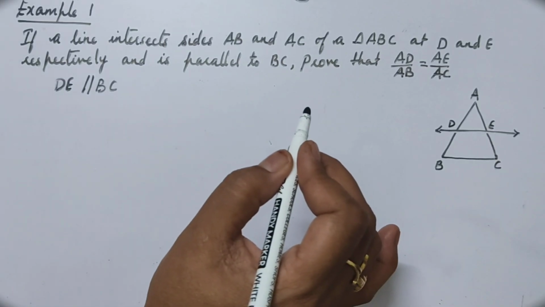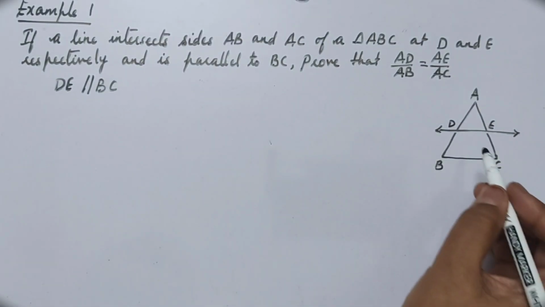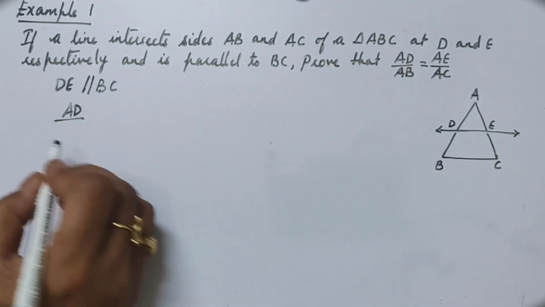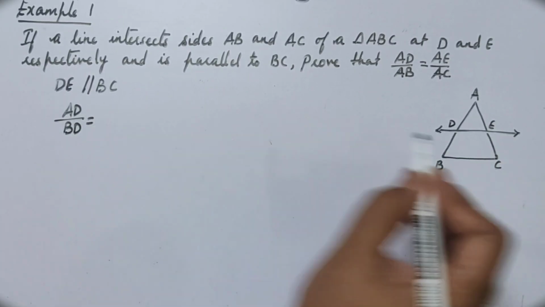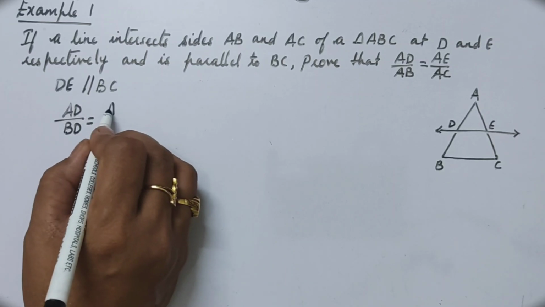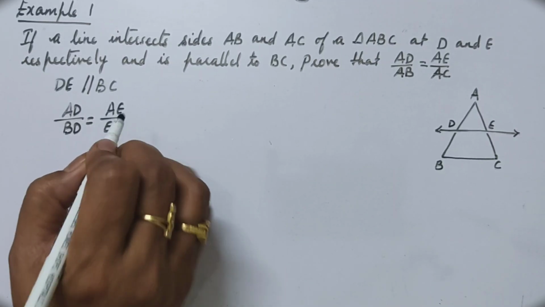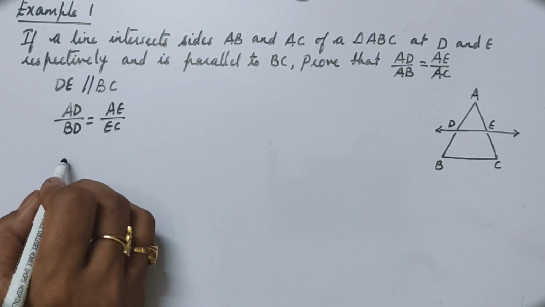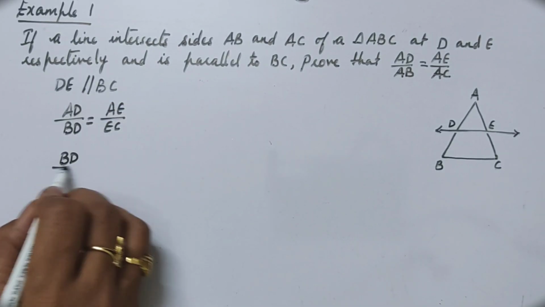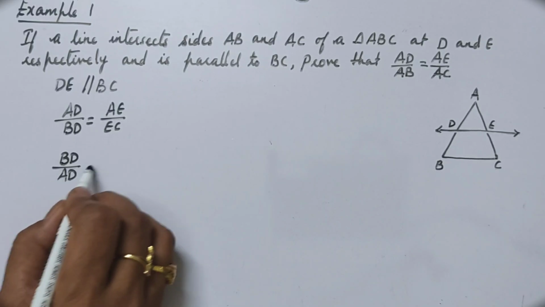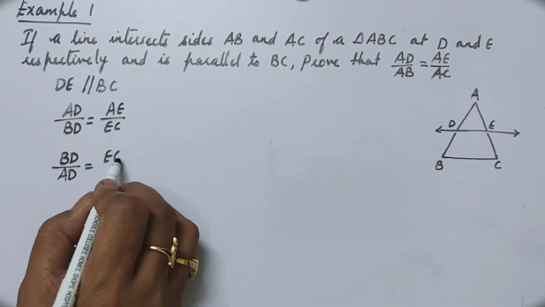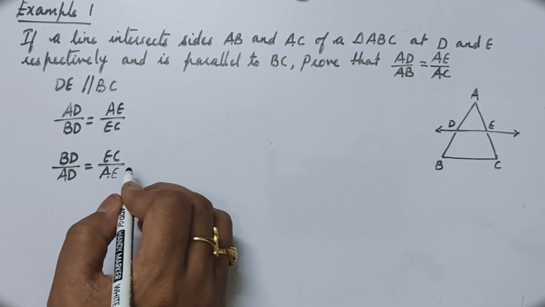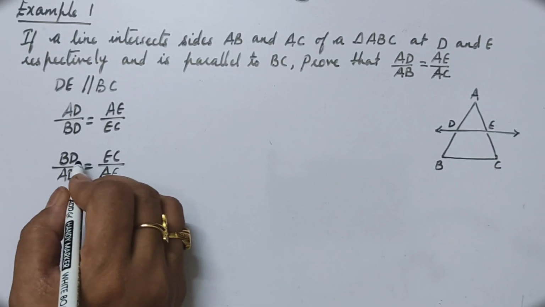It's already been given. Okay, now we know according to the Thales theorem that AD upon BD equals AE by EC. Now we will take the reciprocal of it. Okay, so that we get BD by AD equals EC upon AE.